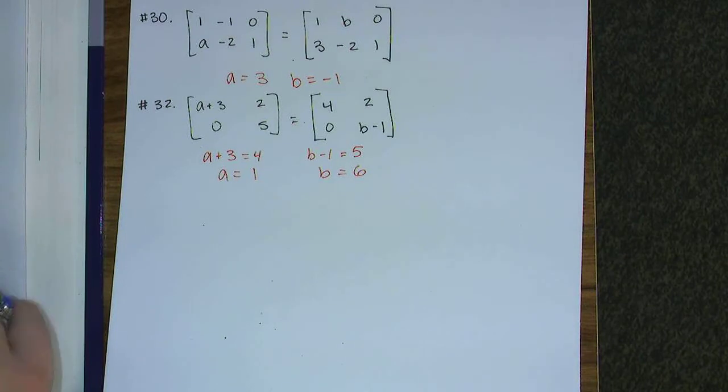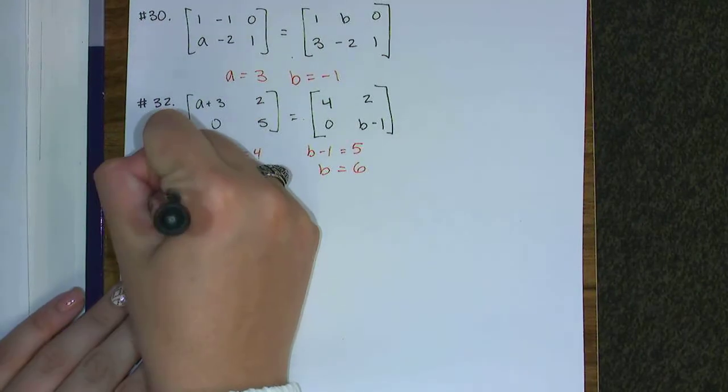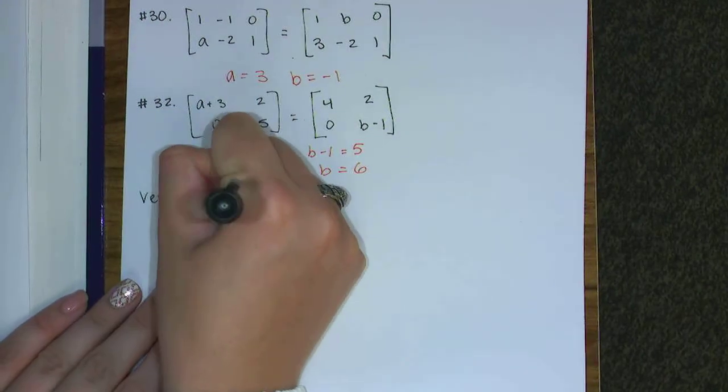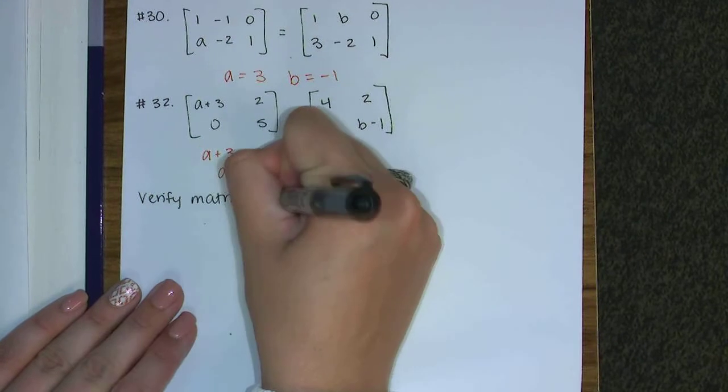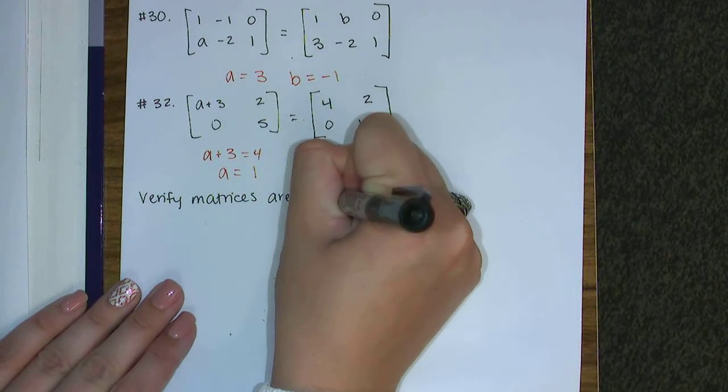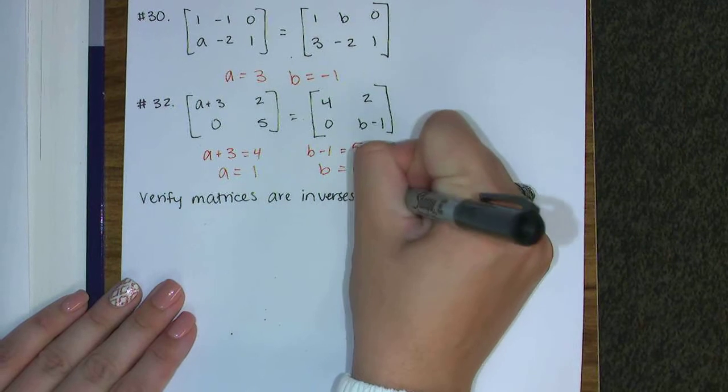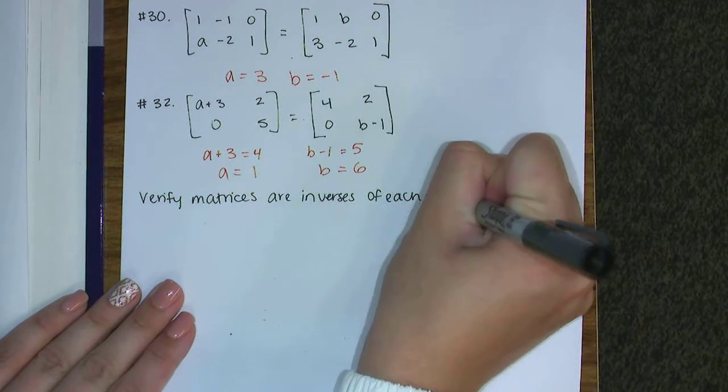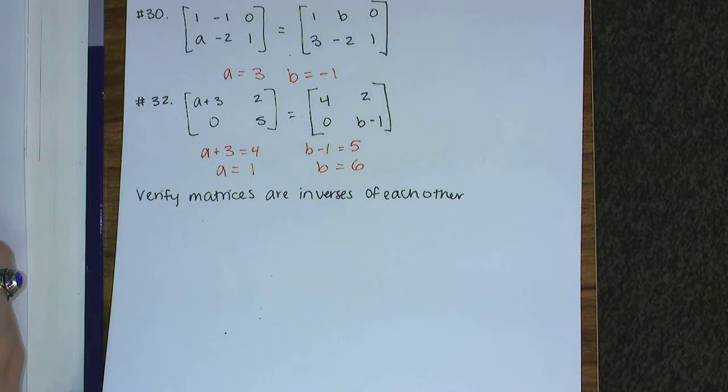Then the next section down says verify that the matrices are inverses of each other. Because these ones are not 2 by 2s, you get to use your calculator to verify them.